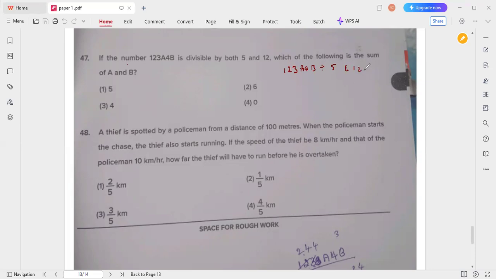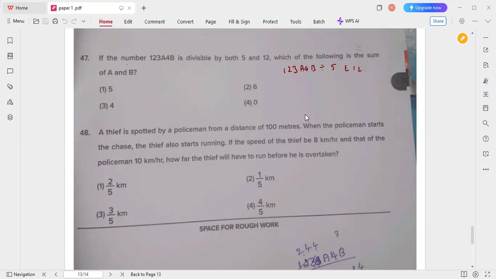So then, which of the following is the sum of A and B? So these are divisible by both 5 and 12. So here we have to find out the sum of A and B.